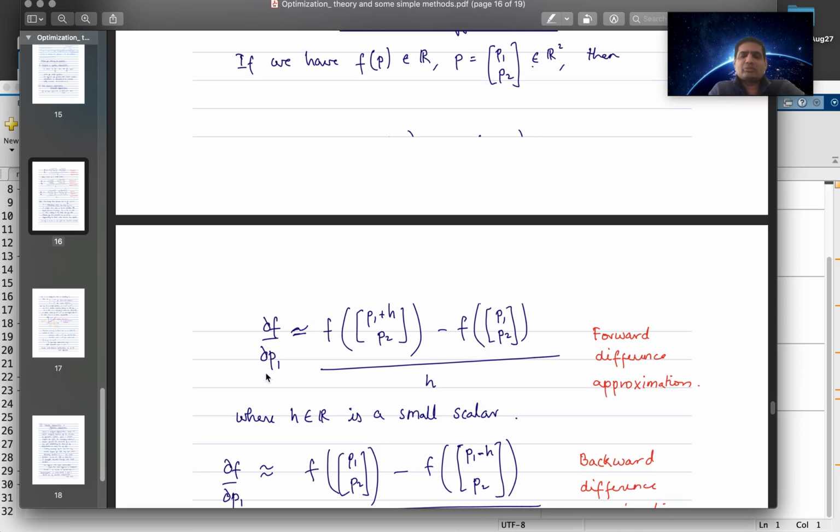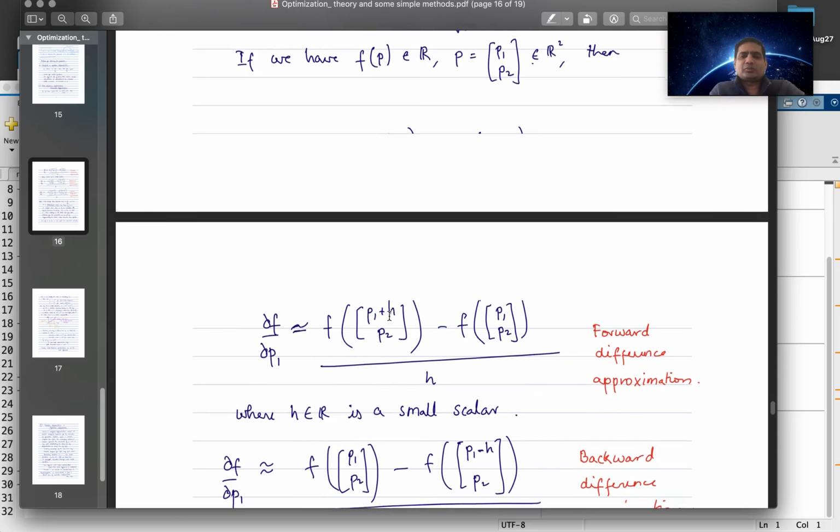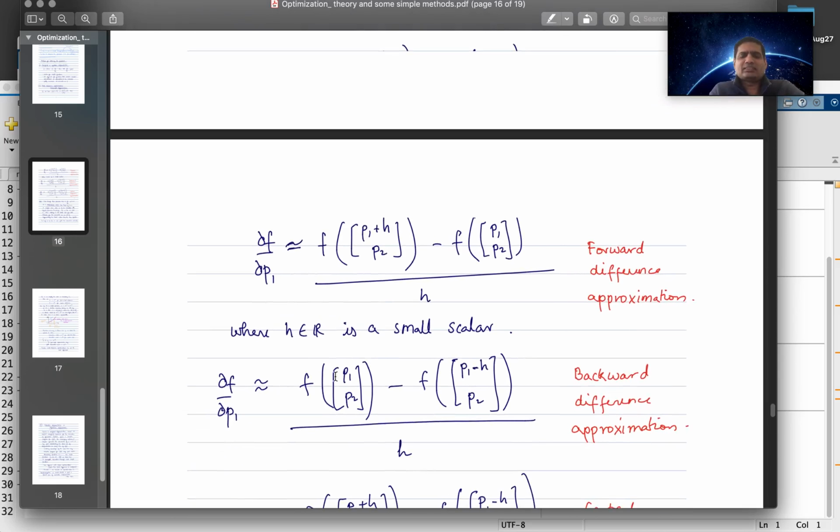This kind of approximation of a partial derivative is called the forward difference approximation because you're stepping forward in the parameter value. You can instead do f of p1, p2 minus f of p1 minus h, p2, divided by h. That would be called a backward difference approximation of the partial derivative.